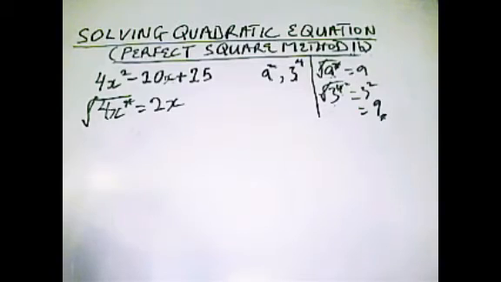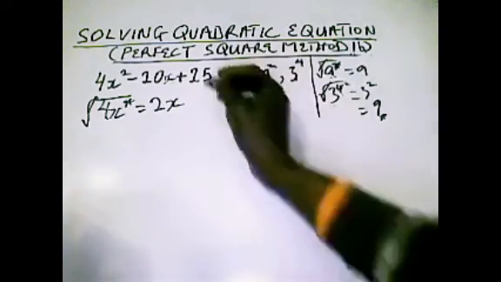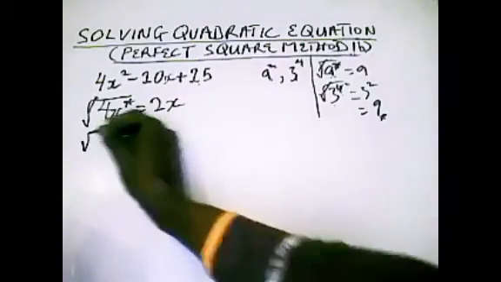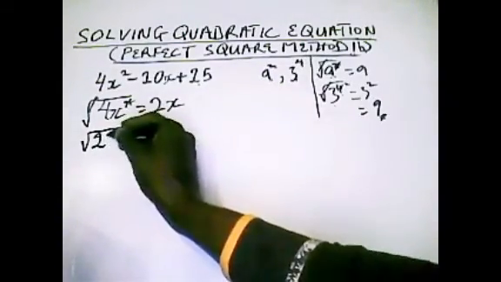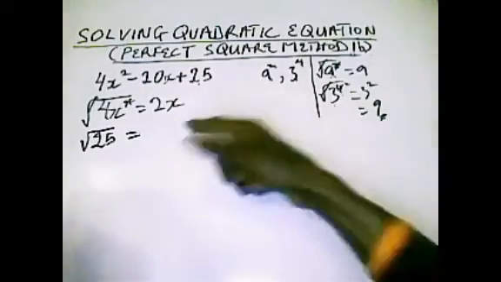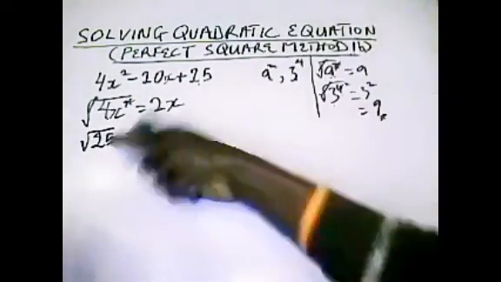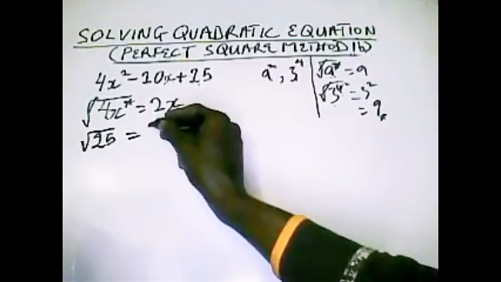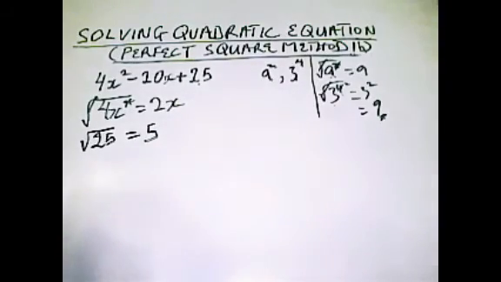So the square root of 4x squared is 2x. Let us also go to the last term. Here we have the constant term 25. The square root of 25, what does that mean? It means a number that multiplies itself 2 times to give us 25. The square root of 25 therefore is 5, because 5 times 5 gives us 25.